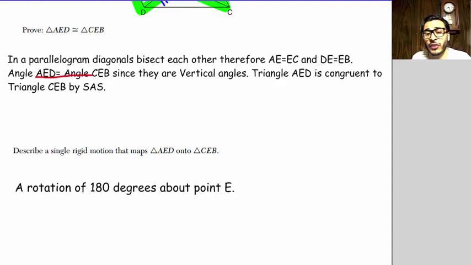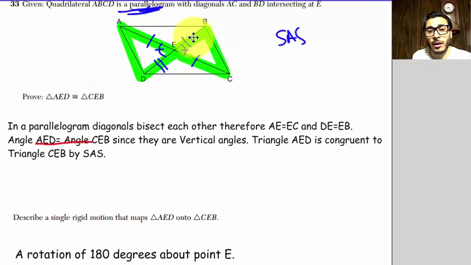And then you could have also said, I won't write this down, but I'll say it, you could have also reflected triangle AED across point E, and then it would have mapped onto triangle CEB, right? Because when you reflect about that point, point D will reflect where point B is, and point A will reflect where point C is, right? Because reflecting about a point will switch them like that.